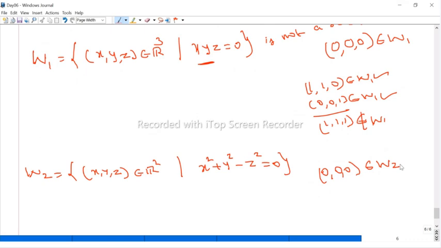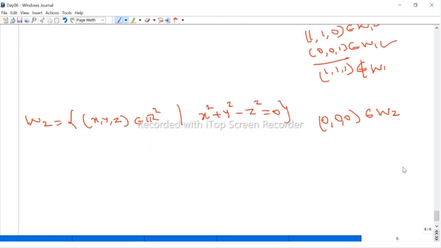Next, we have to check that the sum is there. First you think that this is not a subspace, then you try to give a counterexample. Suppose x equal to 1, and we choose z to satisfy the equation.